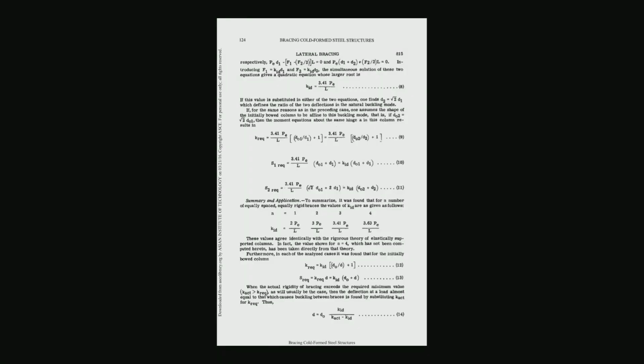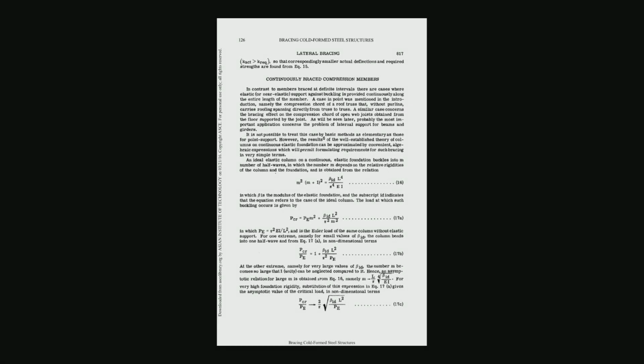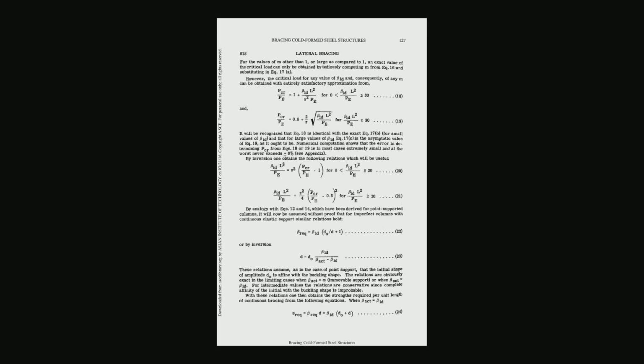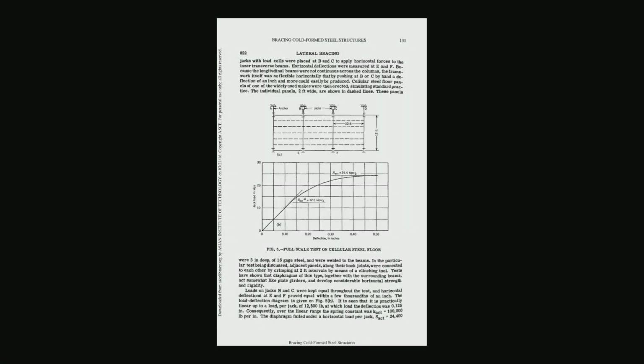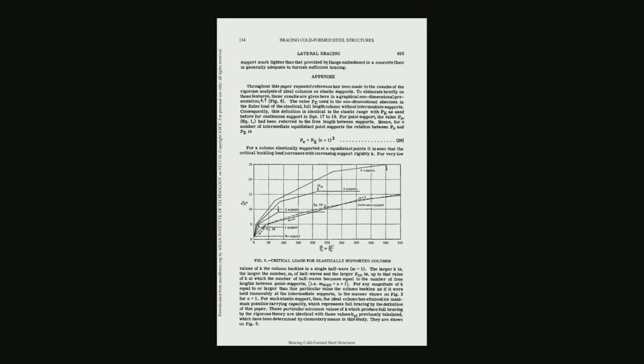So the thing is that the K ideal for several cases, like for the cases where the lateral support is more than the previous one, was developed, and then finally they come up with some number for the higher and higher number of supports. They also talked about the bracing of the beam case, which finally we're going to look into Ura's paper, and that produces even better information than this one.